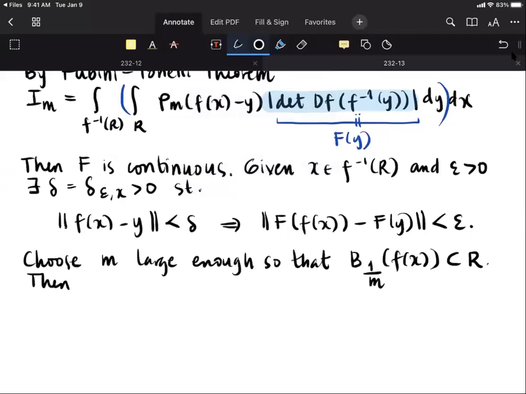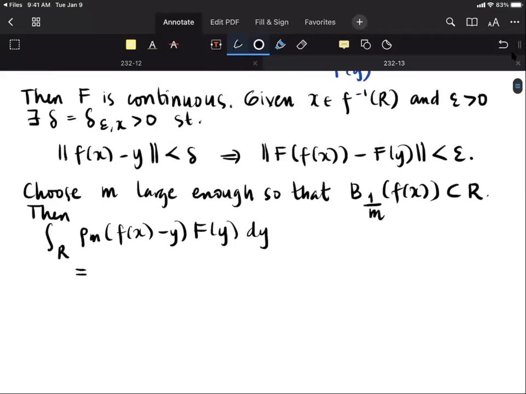The integral over R of rho sub m of f of x minus y, capital F of y dy, will be the same as the integral over this ball. Take note that this function is 0 outside this ball, so it is enough to integrate over this ball centered at f of x with radius 1 over m.